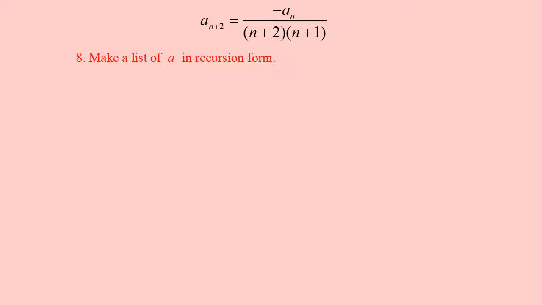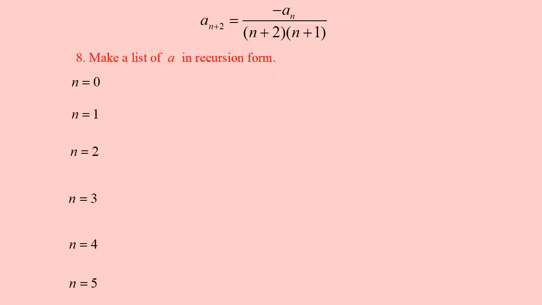Now this next one is going to take a little patience and practice. Here we're going to make a list for a's. I'll show you what we mean by the recursion form in just a moment. But let's just go ahead and list the values of n that we might be considering here. Just a few of them.